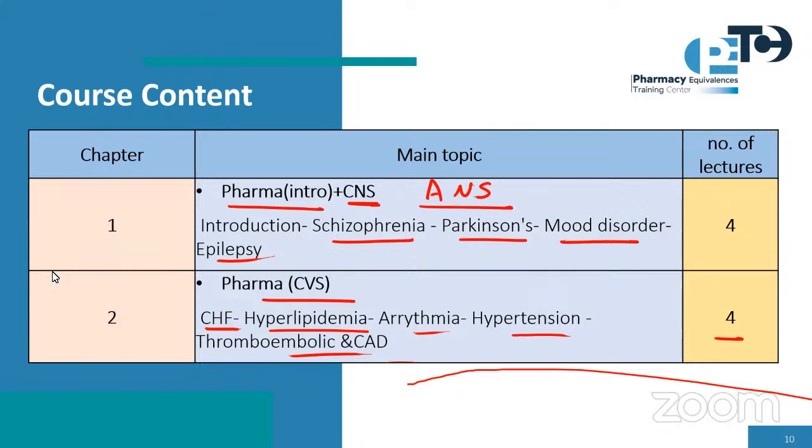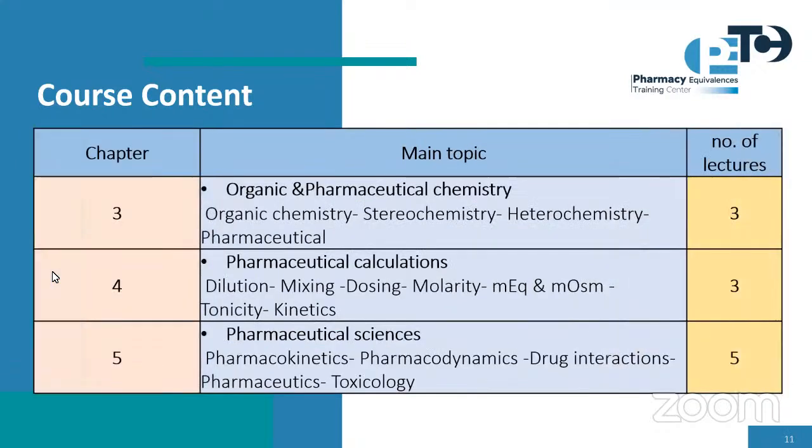The next will be about the chemistry, the organic chemistry, and pharmaceutical chemistry. In 3 lectures, we will cover all that you need for the chemistry part. We will learn how you can know the structure-activity relationship.